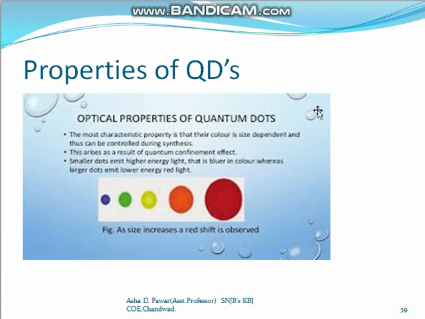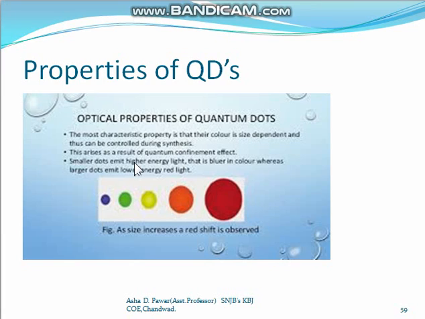So next point is properties of quantum dots. There are different types of properties shown by the quantum dot. First one is the optical properties. It is very important. You know that quantum dots are semiconductor nanomaterial, and it is of very small size.